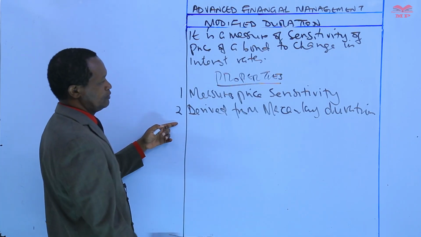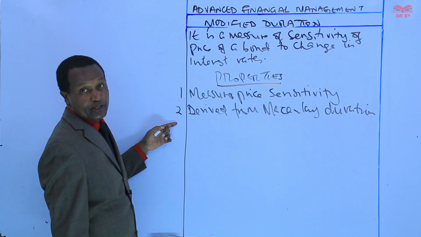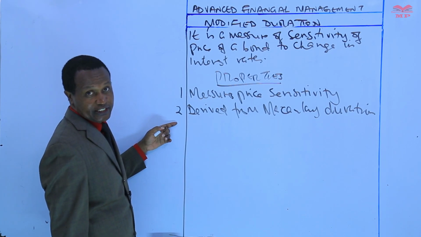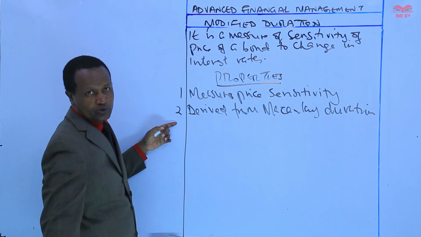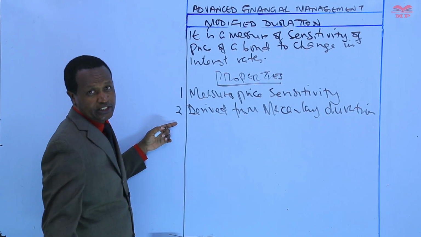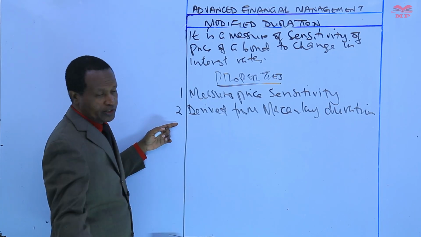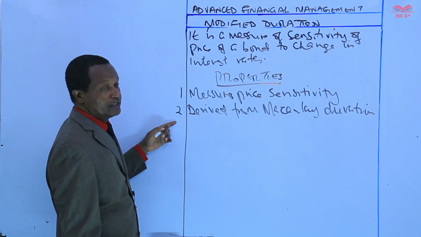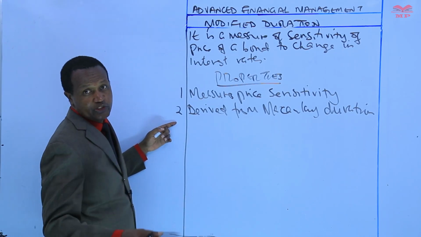First of all, calculate the Macaulay duration. So that's the first thing to note. It's calculated by adjusting the Macaulay duration, which makes it a more practical measure of price volatility. And the formula, which we'll be looking at shortly, will reflect this relationship between the modified duration and the Macaulay duration.